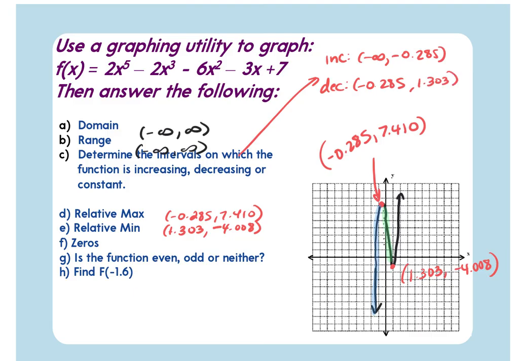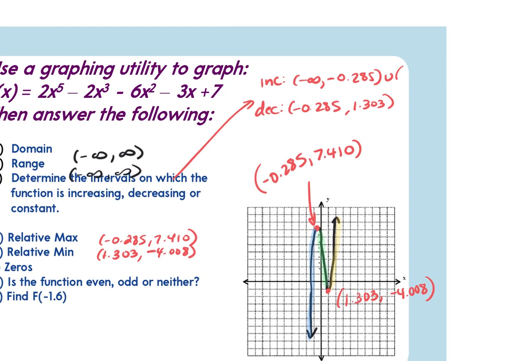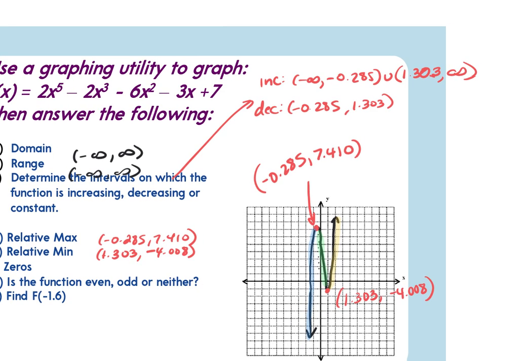And then my graph changes direction again and comes back up, which means it finishes off increasing. So I'm going to put a U from the x that's on my minimum, 1.303, to infinity. Questions so far? So get your max and min first, because that's going to help you with your increasing, decreasing. Like I said, I think I put it in that order in the test.